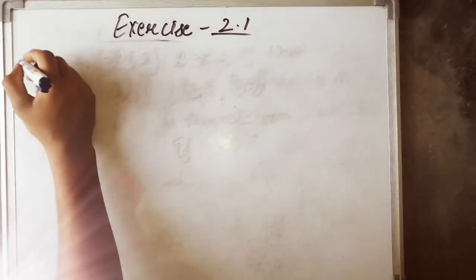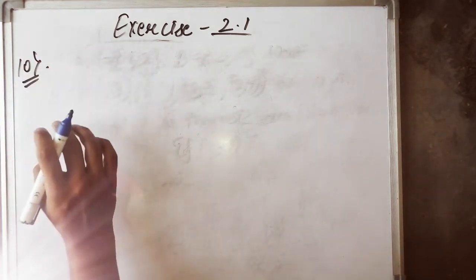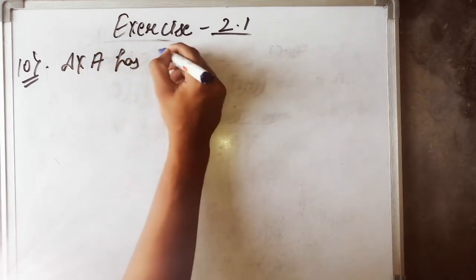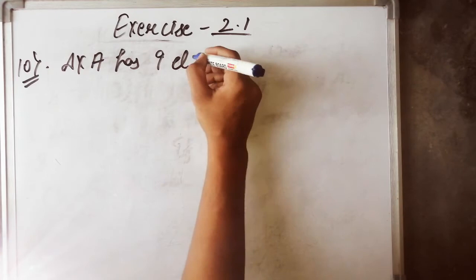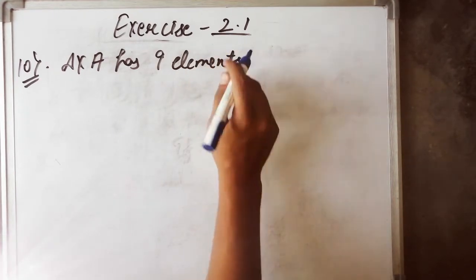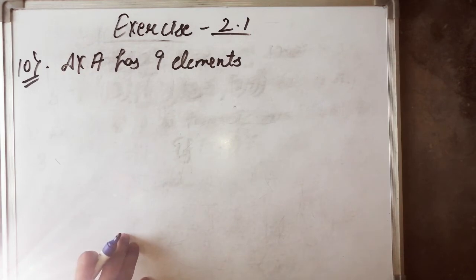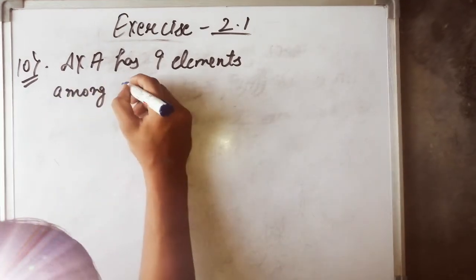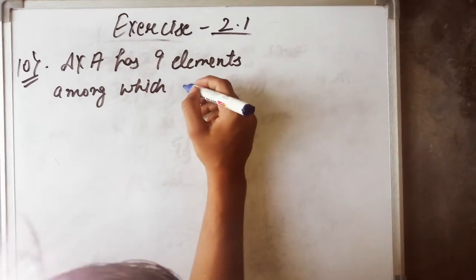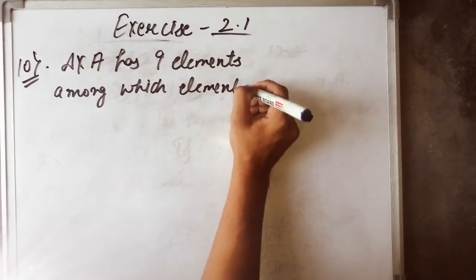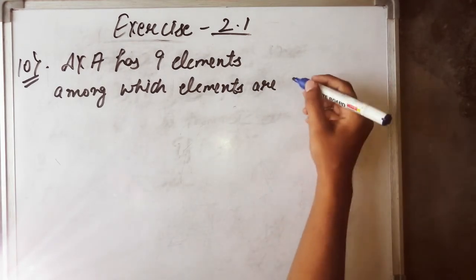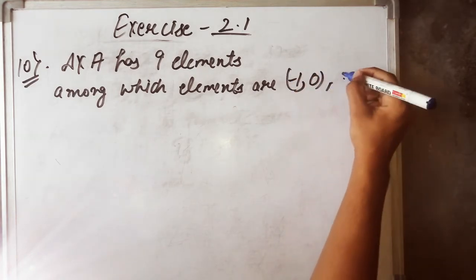So students, our last question of the exercise is: the Cartesian product A cross A has 9 elements, among which are found (-1, 0) and (0, 1). I am writing down the clue which is given in the question. A cross A has 9 elements, among which are (-1, 0) and (0, 1).